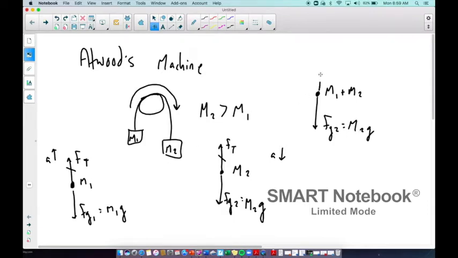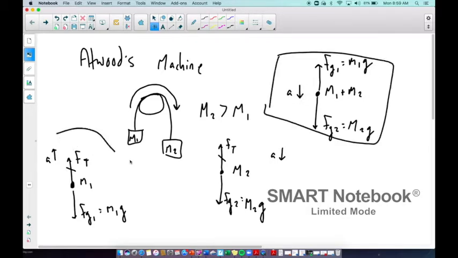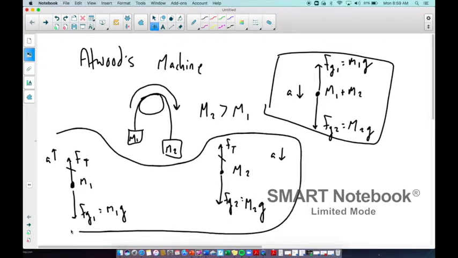And the resistive force resisting that acceleration would be the force of gravity pulling back the other way on mass 1. And they are both only valid if the pulley does not make a difference. If the pulley is massless, frictionless, if the pulley is ignored.